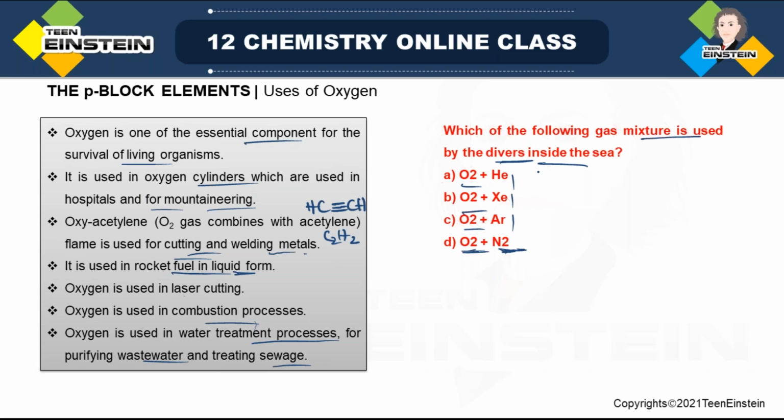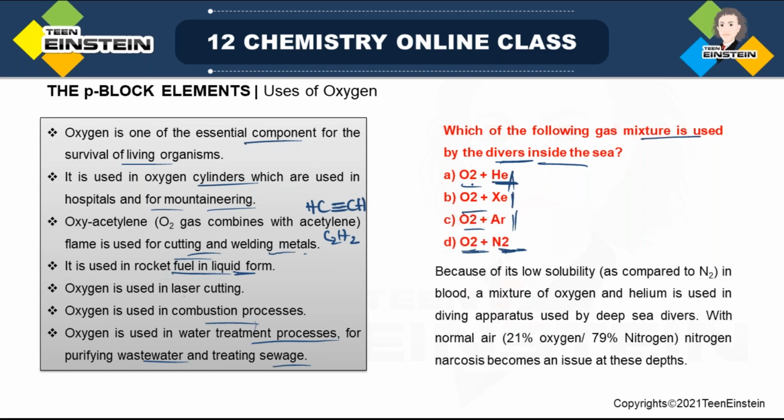So to avoid this, we have to mix a gas which has low solubility in the blood. Though all these three are inert gases, helium has the lowest solubility. Because of its low solubility compared to nitrogen in blood, a mixture of oxygen and helium is used in diving apparatus used by deep sea divers.